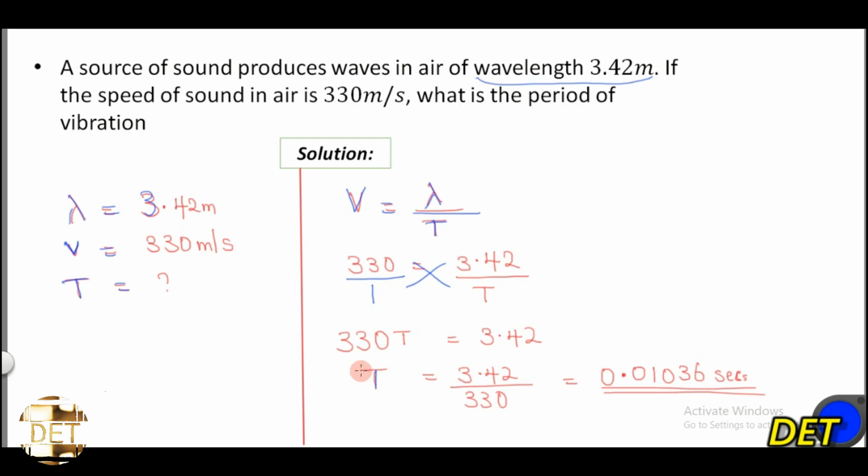So my T will be equal to 3.42 divided by 330. If you punch that in your calculator, that will give you 0.01036 seconds. So this is our answer to this question. The period of vibration is equal to 0.01036 seconds, right? So it's very simple and straightforward as well.